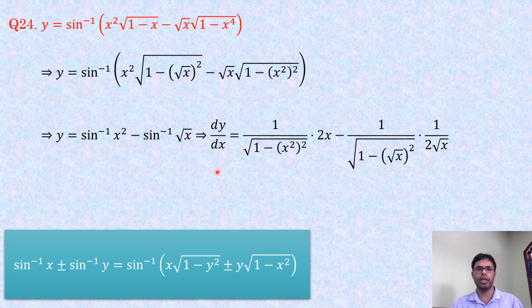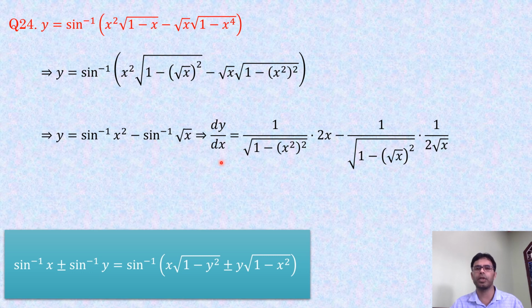So dy/dx is equal to sine inverse function derivative is 1 by root over 1 minus this square, that is x square whole square. Then since it is not x, you are to write the differentiation of x square by the chain rule. It is 2x, then this minus is here.